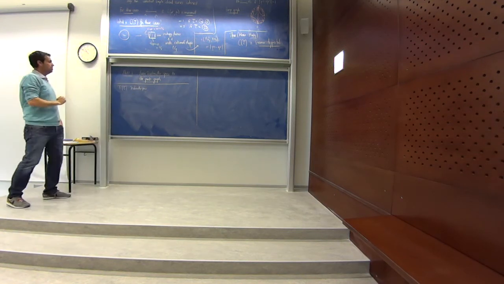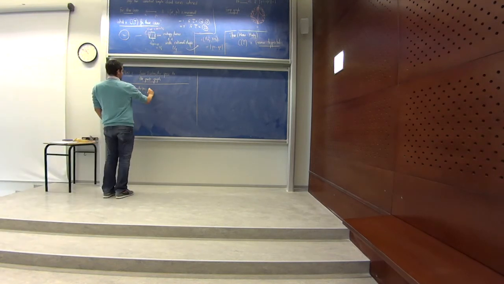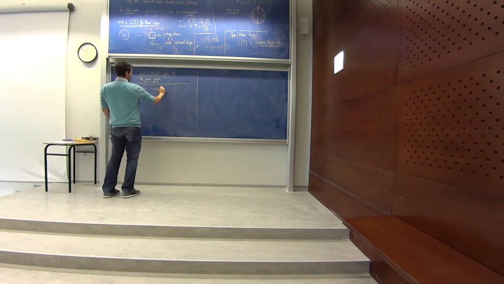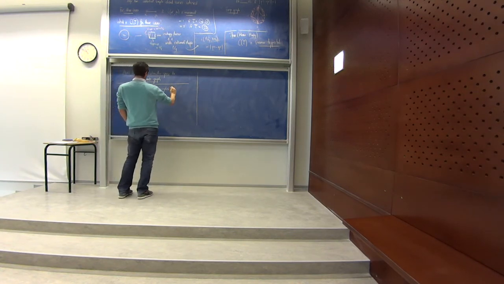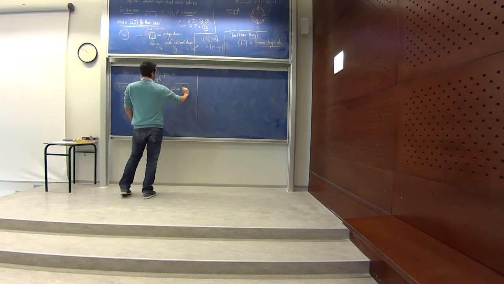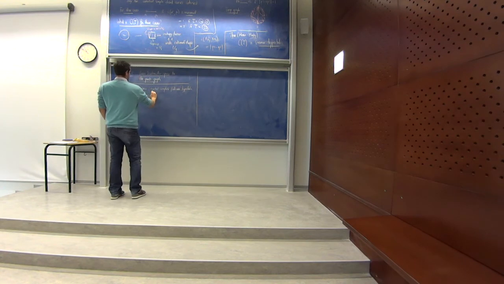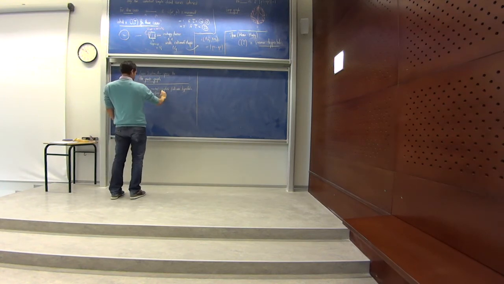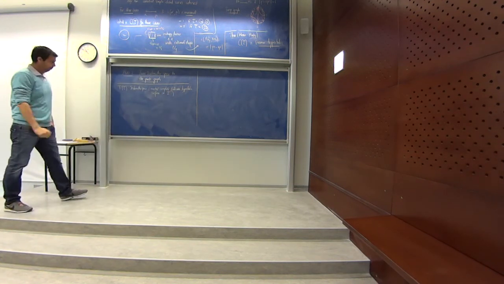The way I'm thinking of Teichmüller space is the space of marked complete finite area hyperbolic structures on this topological surface again.